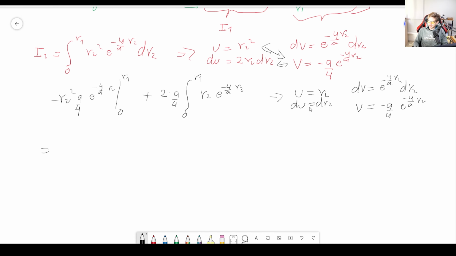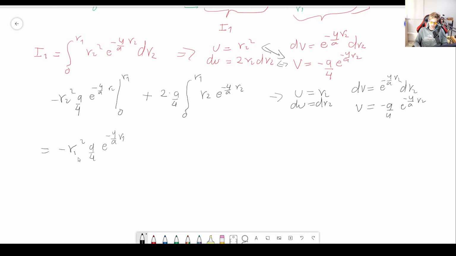Okay, so let's plug this in for this part. But first, of course, we need to consider this. So we get minus R1 squared, plugging in this part, a over 4 e to the minus 4 over a R1, and then minus evaluated at 0. But there's an R here, so if you evaluate at 0, you get 0. Now, this is the part that is usually 0 whenever R1 goes to infinity, right?